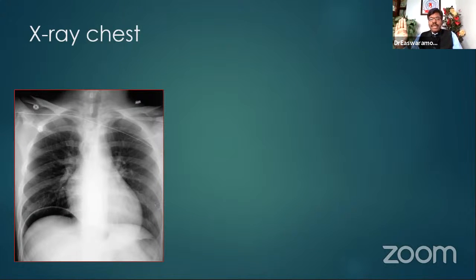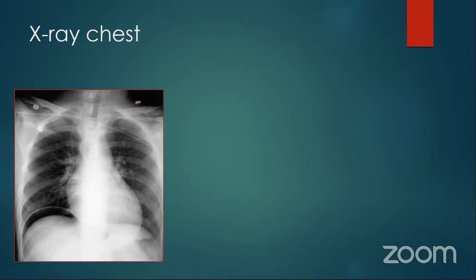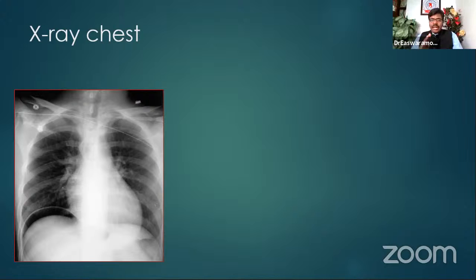Which one will you take, Bharat, now? So CT scan. That's right. See, there is a difference. What is commonly done is different, but it doesn't mean that you do a CT scan in everybody. If X-ray is negative, you go to the CT scan. That is a message I want to give you loud and clear.